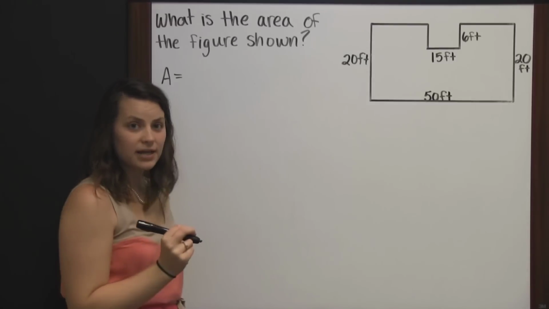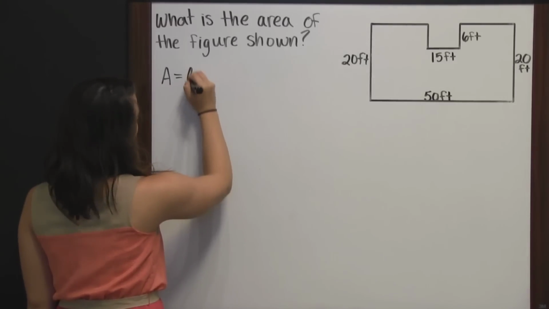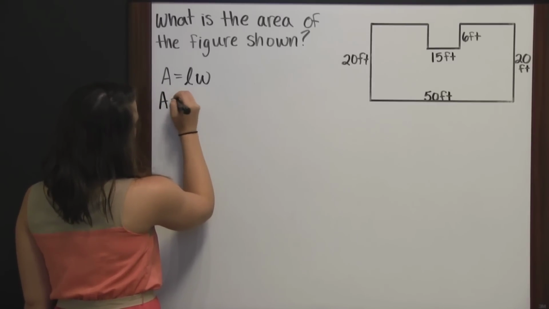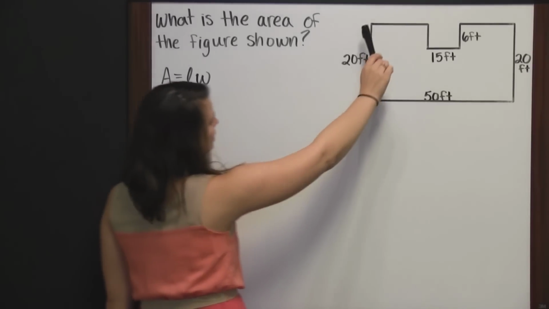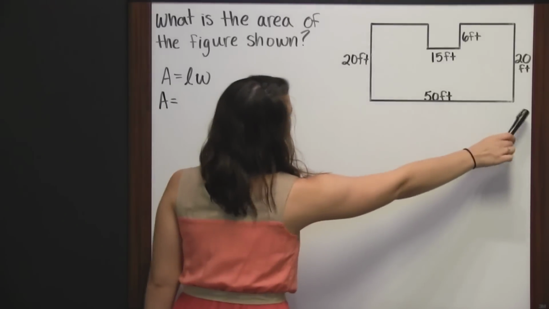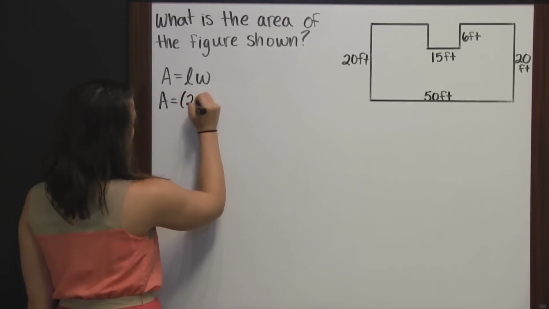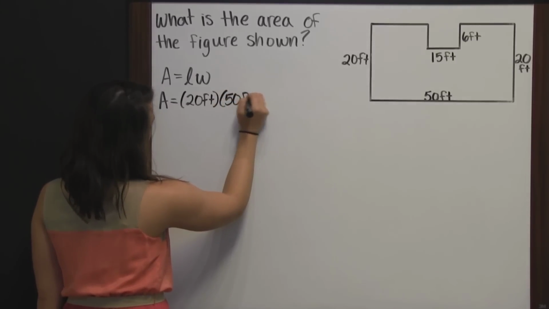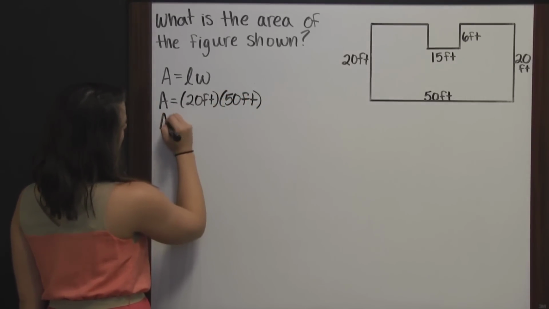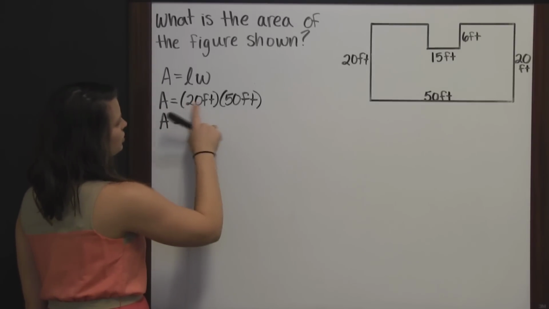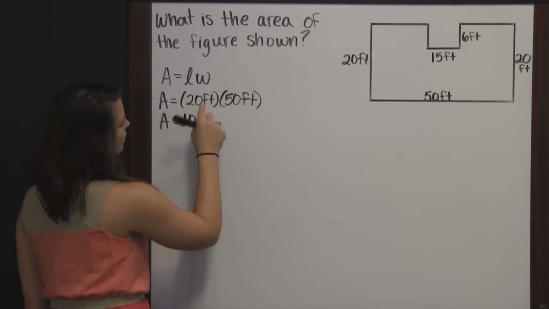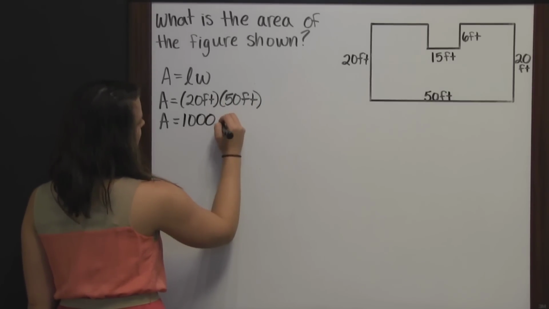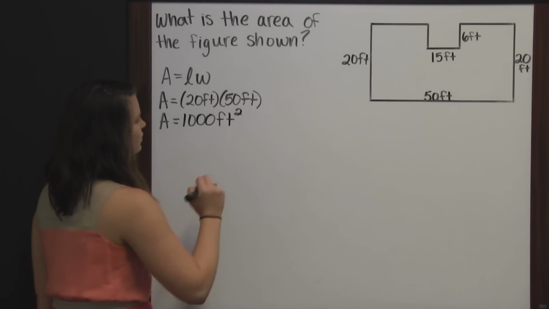And the area of a rectangle is the length times the width. So the area of the large rectangle is 20 feet times 50 feet. So the area is 2 times 5 is 10, then 0, 0. 1,000 feet times feet, feet squared.